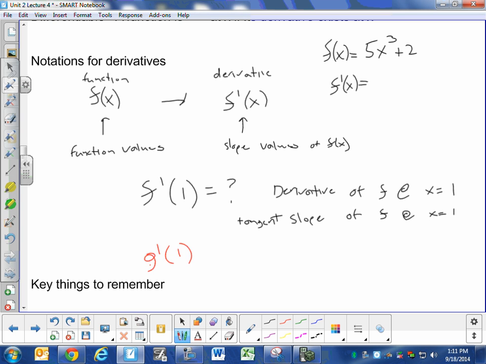There could be an equation that would produce the slopes of my tangents of this function. I'll tell you right now, this derivative is that. So yes, we know that this is a function. This would then be the slope generator function of f.